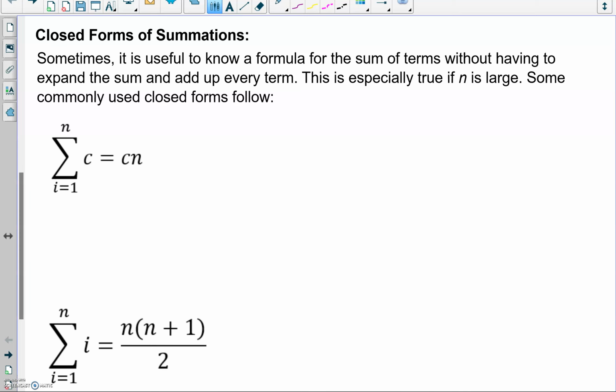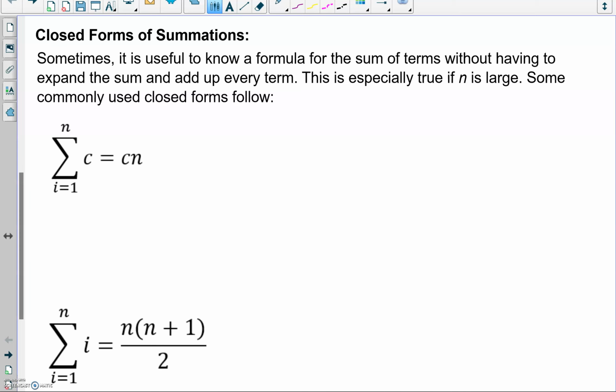So they call this a closed form, and you can avoid expanding the sum and adding up every term. So this is really helpful if N is large. If N's like 100, you don't want to have to write out 100 terms and add them all together. You want to just use the formula, the closed form.